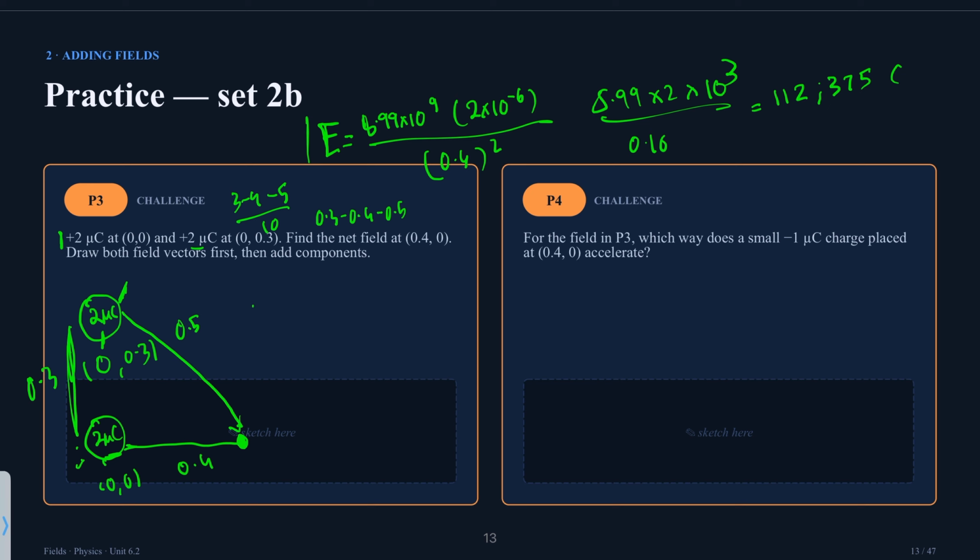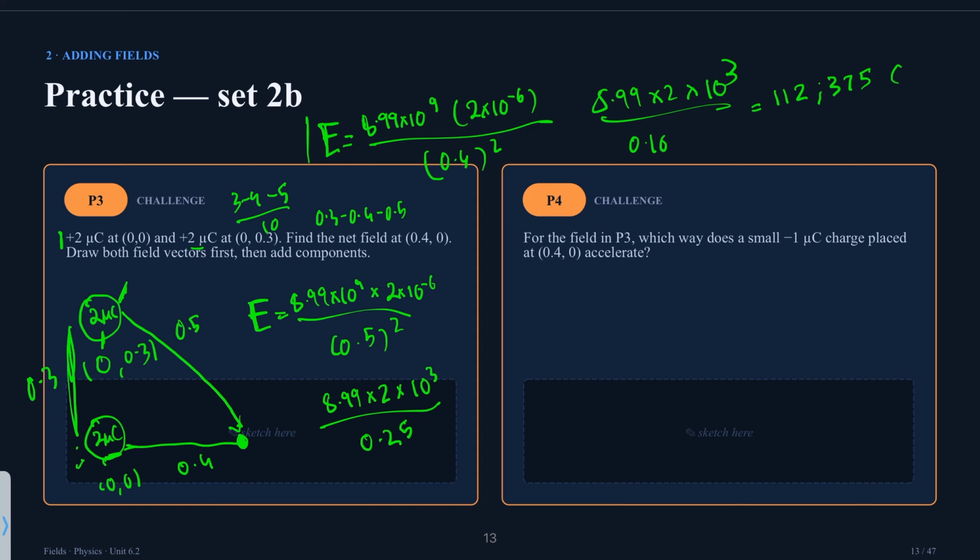And then the strength of the field, 8.99 times 10 to the 9, times 2 times 10 to the negative 6. But over here it's 0.5 squared. So similar, 8.99 times 2 times 10 to the 3, but divided by 0.25.